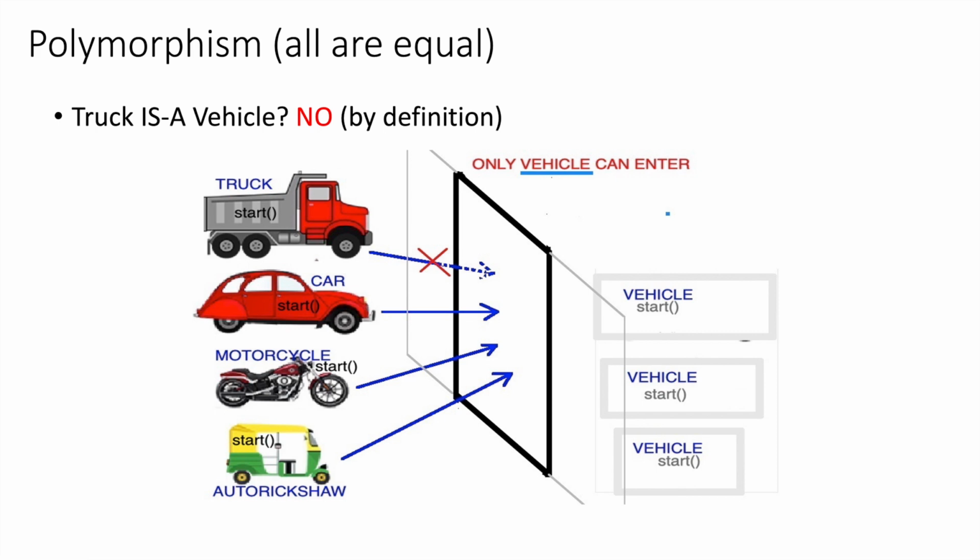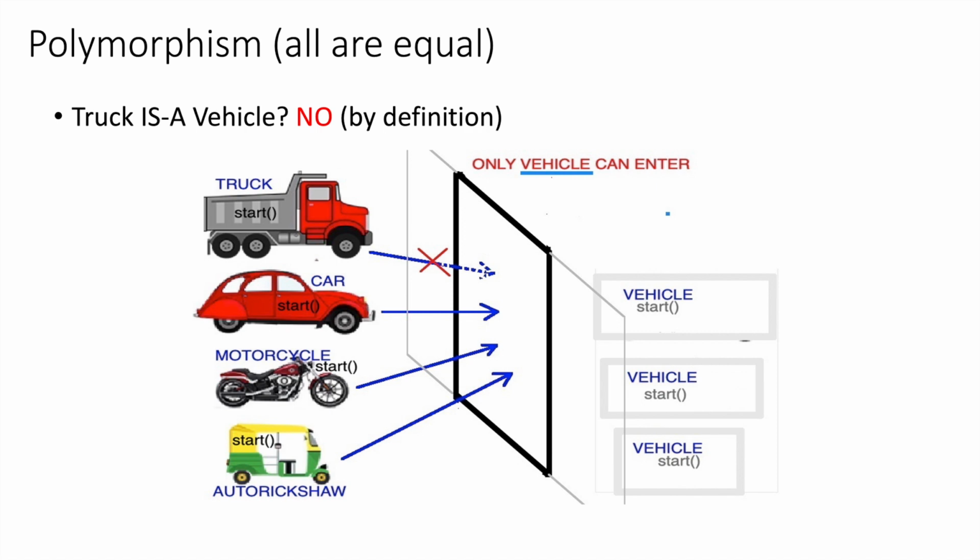polymorphic behavior. I know it's a bit difficult to appreciate, but I would suggest please go through it again and again and try to master this technique. This is where you find usage of an abstract base class, because inside this wall we are treating all of them equal.